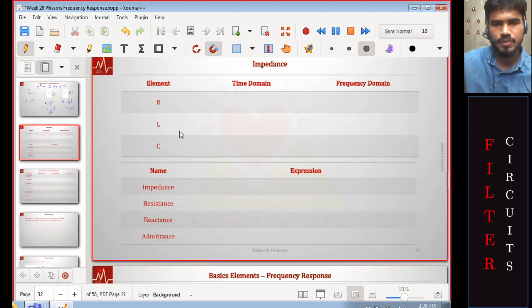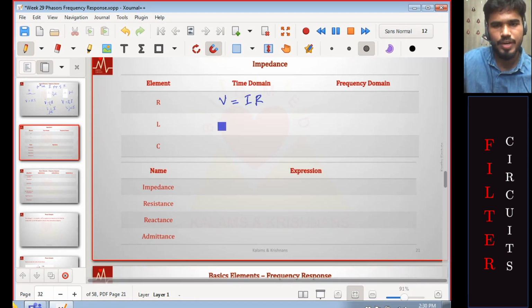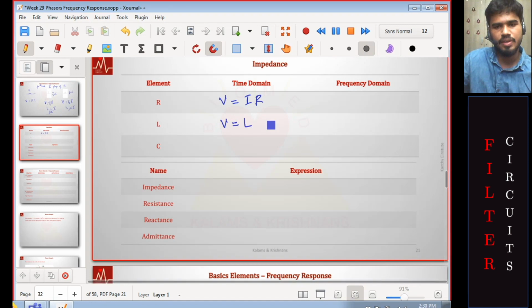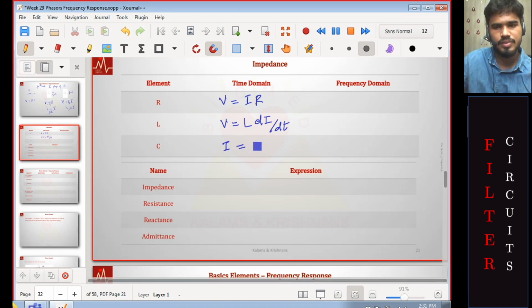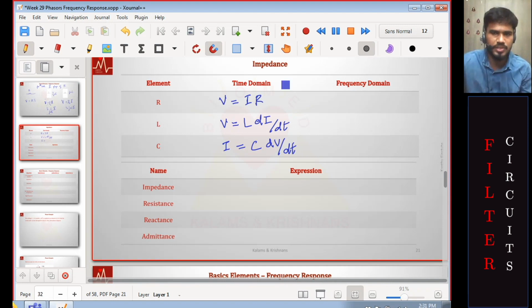So notice we have V is IR. For an inductance, V is L di by dt, and for a capacitor, Q is CV, so I is C dV by dt. This is what we have been studying till now, but time is not all that convenient to look at AC circuits.